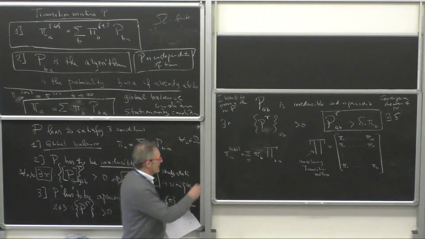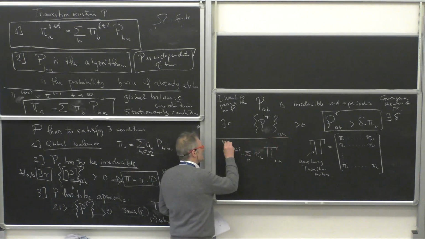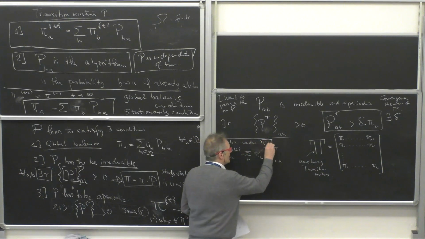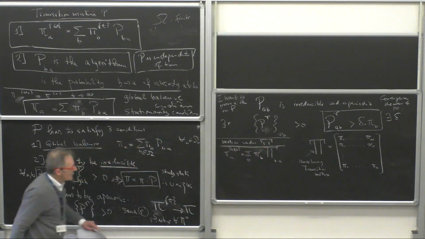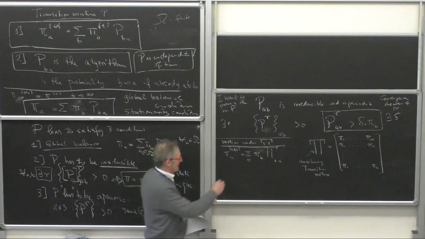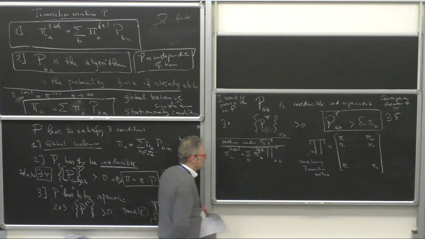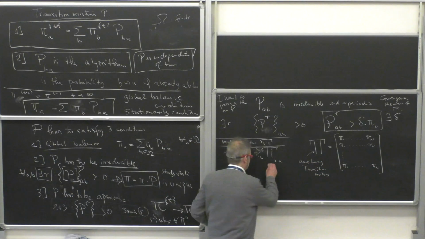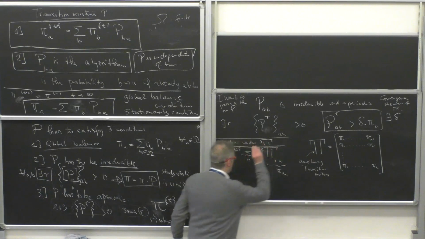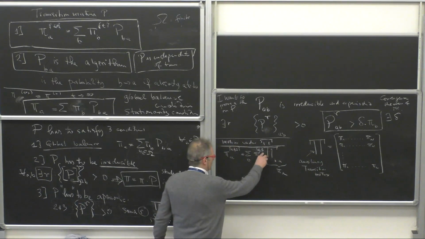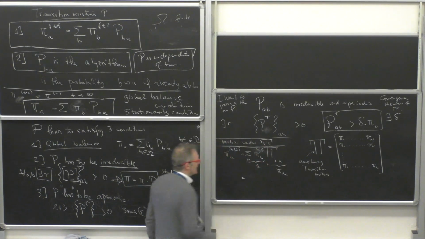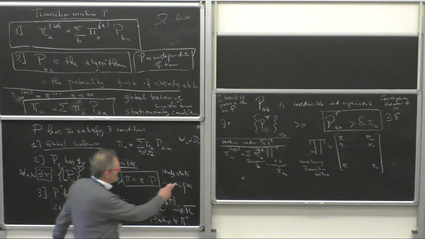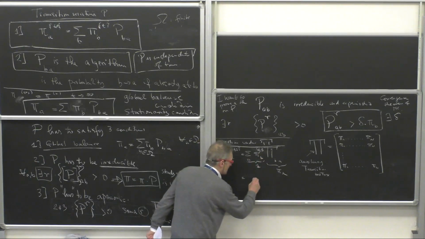So motion under capital Pi: it's the sum over b of pi t of b times little pi a. The sum over b of pi t of b is 1, since at time t I am somewhere, so this is little pi a.